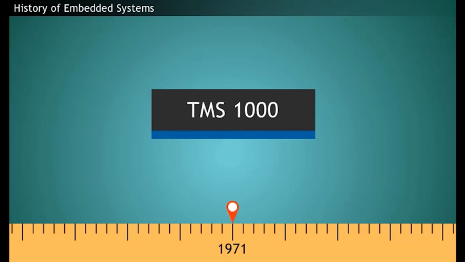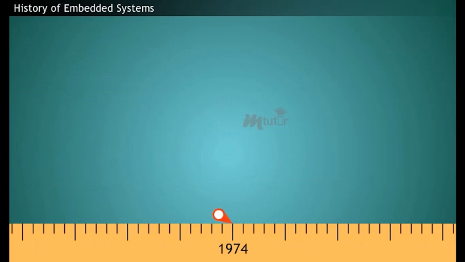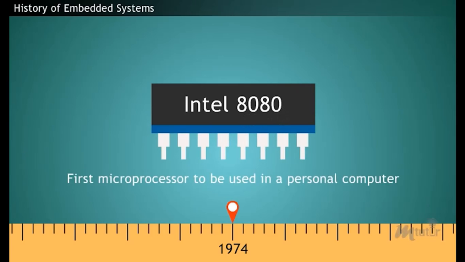In the same year, the TMS 1000, one of the most successful 4-bit microcontrollers, was developed by another semiconductor giant, Texas Instruments. Further, in 1974, the Intel 8080 was developed and it was the first microprocessor to be used in a personal computer.